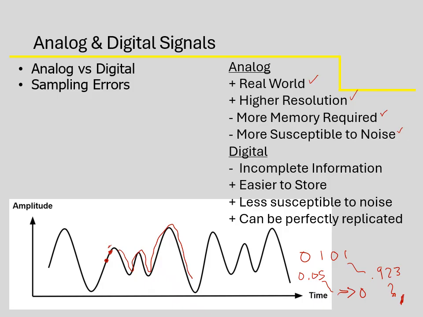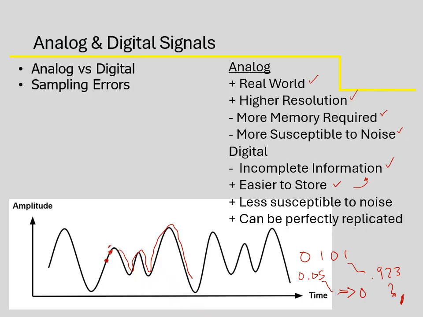Okay, so now when you do convert it to digital, you have incomplete information. These zeros and ones do not accurately represent what's actually being shown in the real world, and we'll talk about that in a second. Now, on the bright side, digital is much easier to store because we can store numbers as zeros and ones in a much more compact form because, honestly, we don't have the complete information.